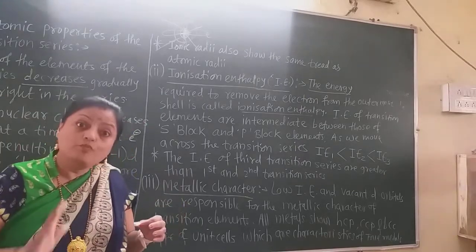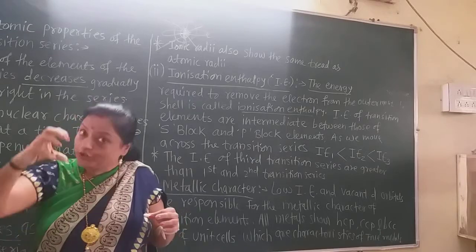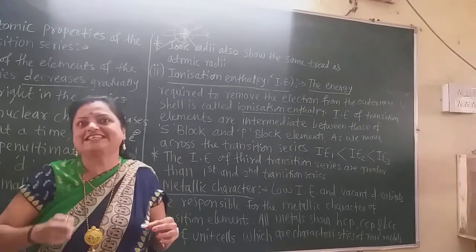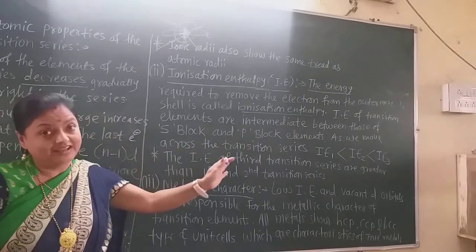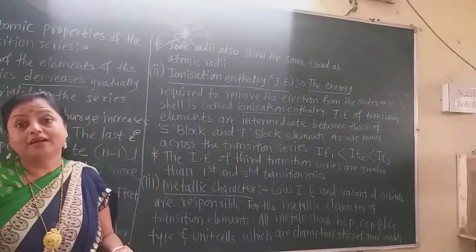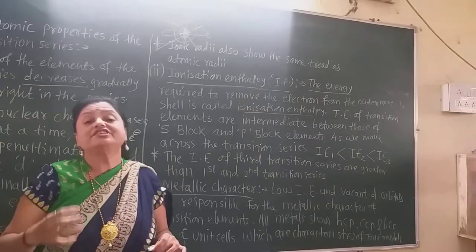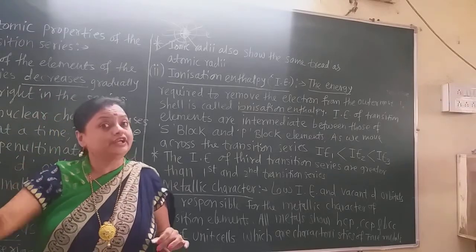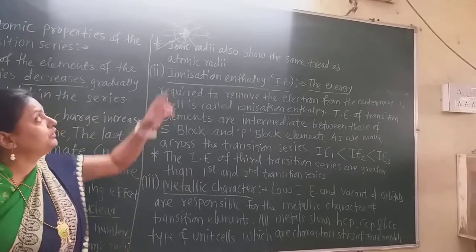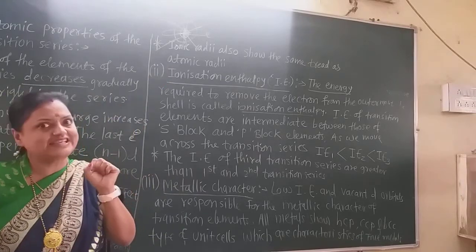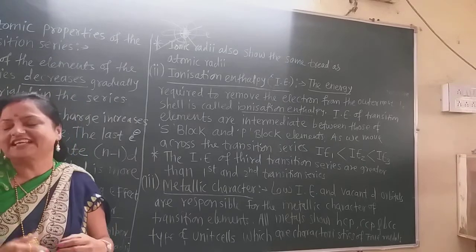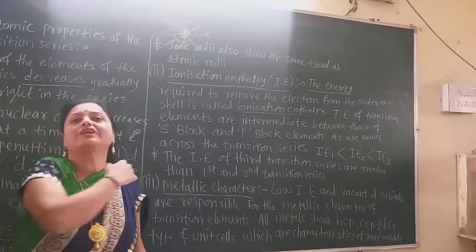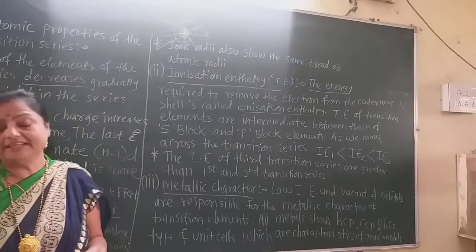That means more energy is required to remove that electron, because size decreases from left to right in the series or period. The more energy is required to remove the outermost electron because the attraction of the nucleus is greater due to the small size, and therefore ionization enthalpy always increases as we go from left to right in any period.